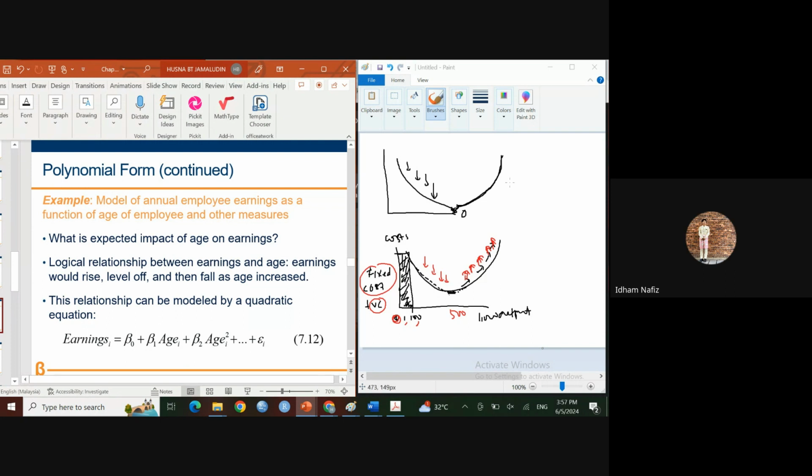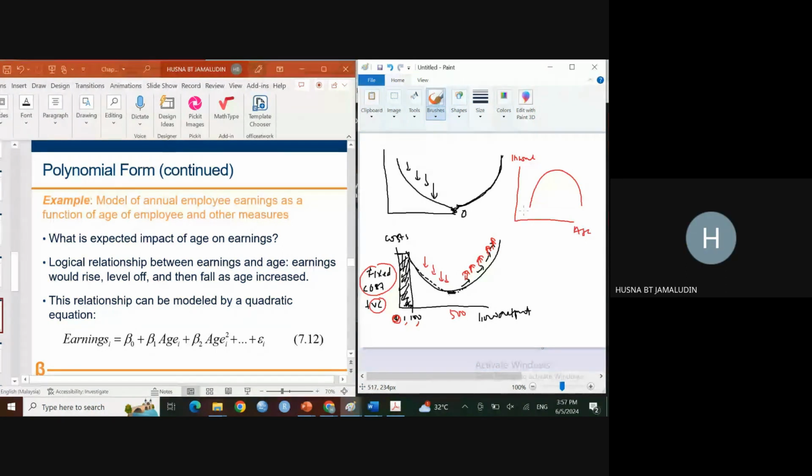Because as we age, as we get older, we are climbing up our career, so our earnings start to increase and increase and increase, madam. Everyone understood that?